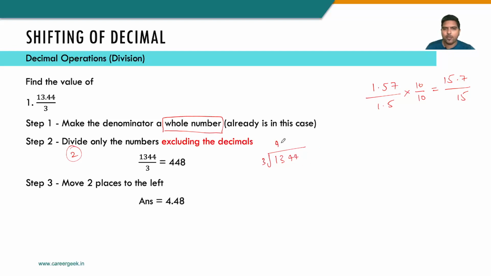Okay, so 3 4s 12, negative 1 4, so 3 4s 12. Subtract 2 4, we have 8 here, so we get 448, and you will introduce 2 digits to the left, so it becomes 4.48. That's going to be our final answer. So hope this is clear.